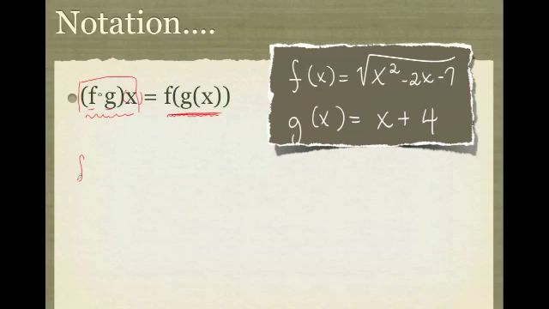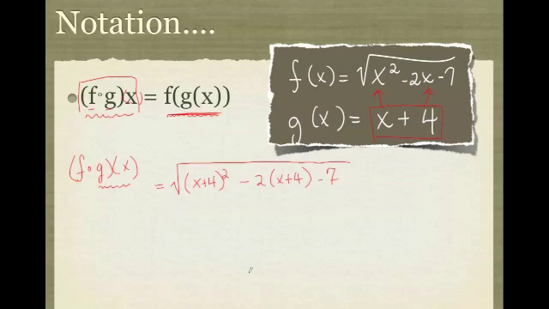What happens when I do this? Now I'm always starting on the inside first, so I need to find the g of x first. Well, g of x is just x plus 4. So I'm going to take that value and put it in for each one of my x in the f of x function.